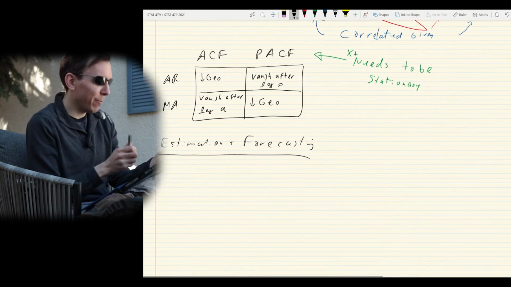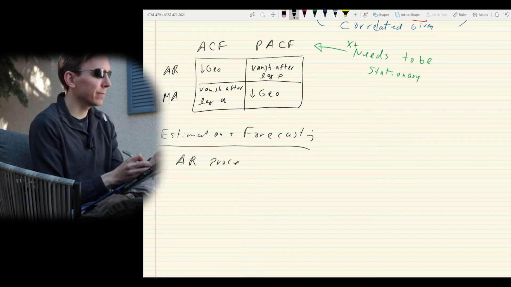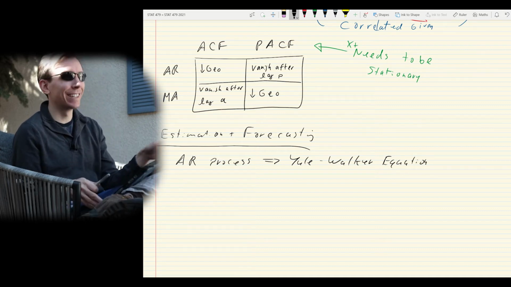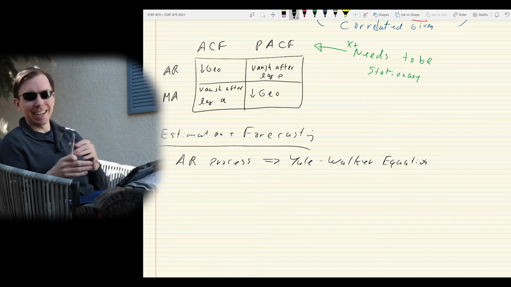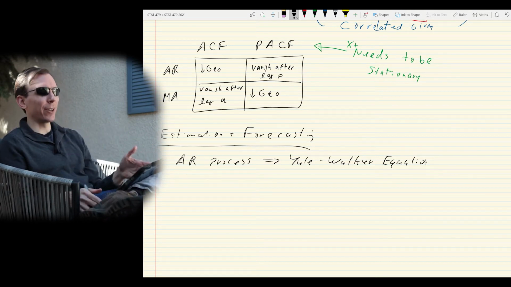So recall that for the AR process, we have our friends, the Yule-Walker equations. Generally, estimation and forecasting for an AR process is the easiest setting for time series, because we have the Yule-Walker equations.